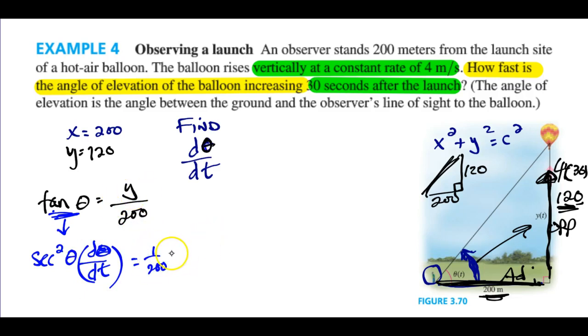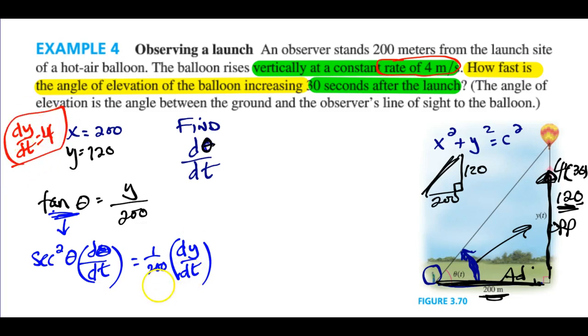The derivative of y is y prime, which is the same thing as dy/dt. Unfortunately for us, they gave us that, so I should put that up in the given, that dy/dt is 4. They told me the rate at which this balloon was rising.